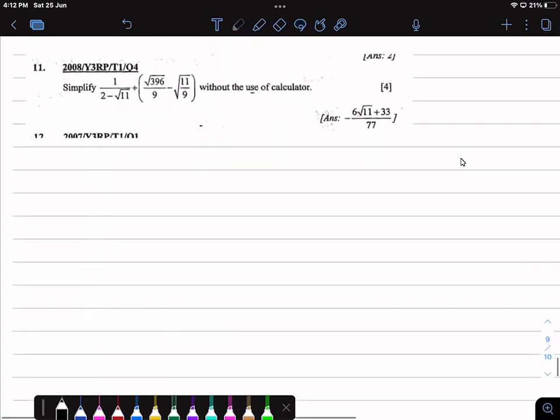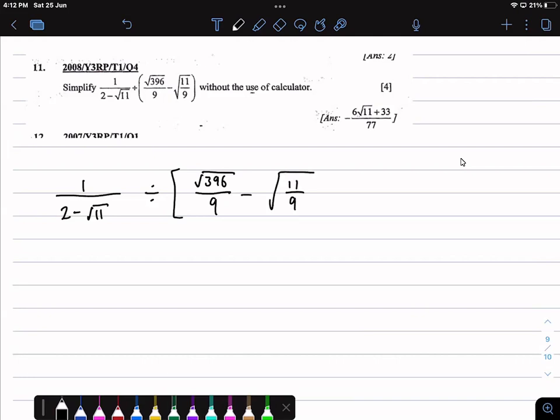Let's take a look at question 11. Simplify without the use of a calculator. This is just a surds question, I mean, an exponents question, which involves a little bit of surds. Here you got 1 over 2 minus square root 11 divided by the bracket first, square root 396 over 9 minus the whole thing square root 11 over 9.